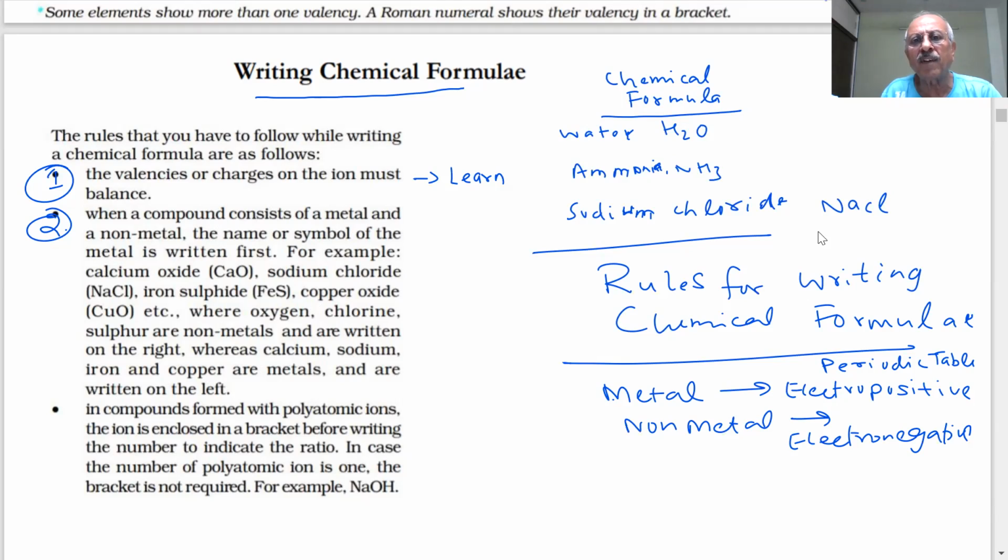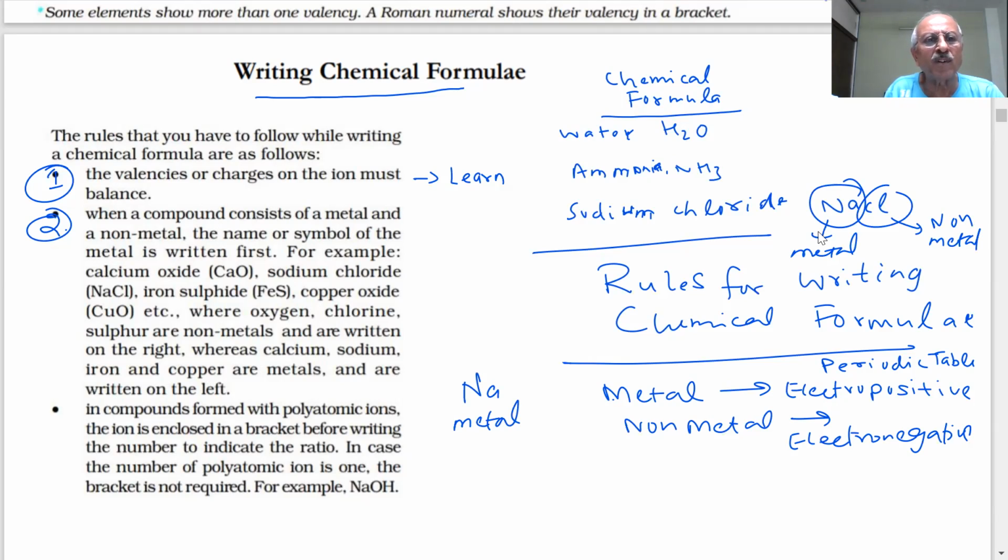In the example of sodium chloride, sodium is metal, it will be written first. And Cl is non-metal.